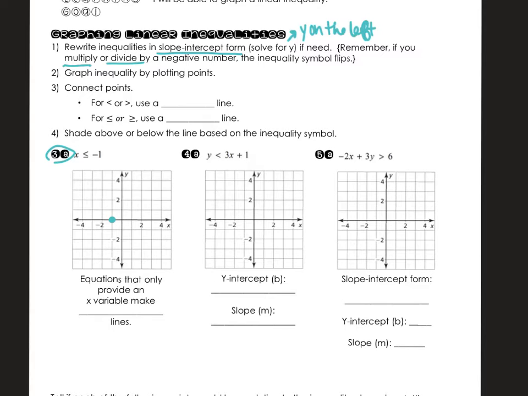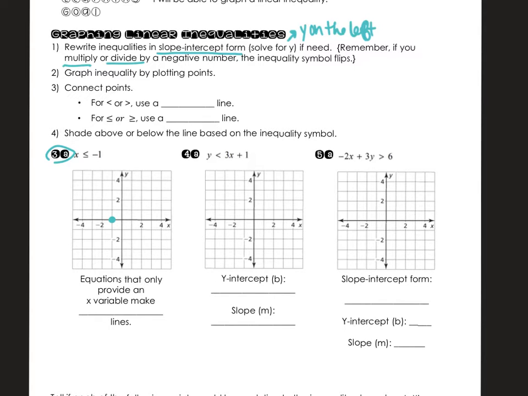All right, it's my starting point. And if I want all of the points on this line to have an x value of negative 1, going up like this would make that work. If I went this way though, all my x values are changing. So you've got to make sure that you're doing a vertical line in this case, all right?